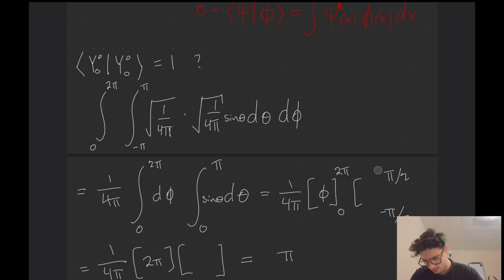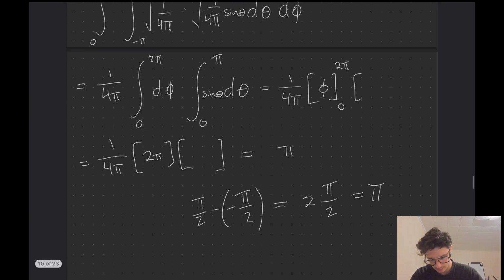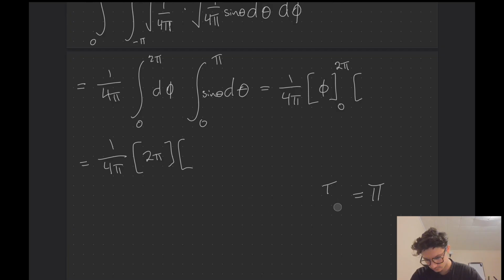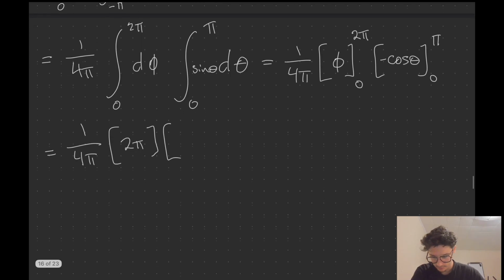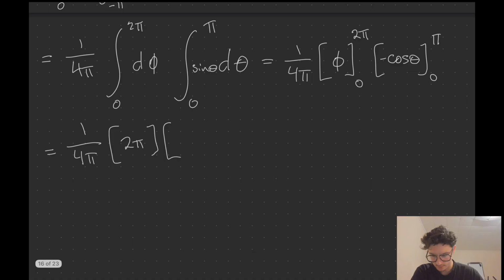So not quite as simple of an integral as I was thinking. This is something important that you guys got to keep in mind. Now we have to do the integral of sine, which is minus cosine, I believe. And then we go 0 to pi here. So the first one was good, 2 pi minus 0.